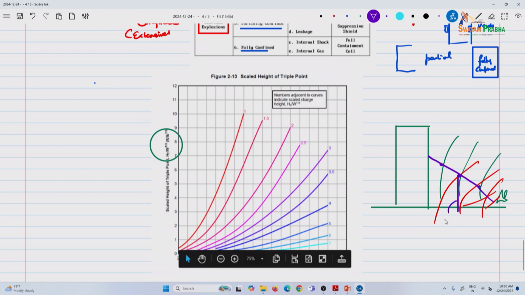So this is the scaled height H_T, presented in terms of H_T divided by the cube root of W charge. I think this is the Z value, but there is a curve. So the number indicates the scaled charge height. I'll have to see what was there, but there is this figure 2.13 you can look up. This is in UFC 3-340.